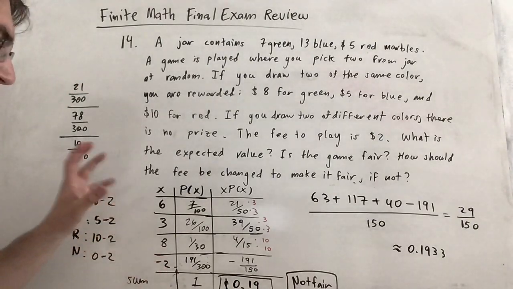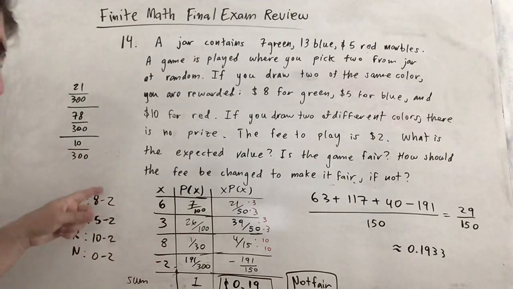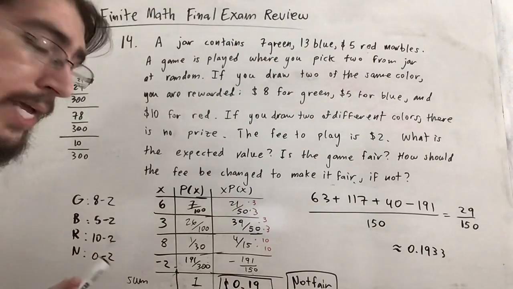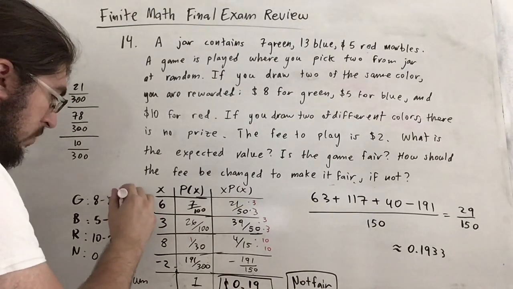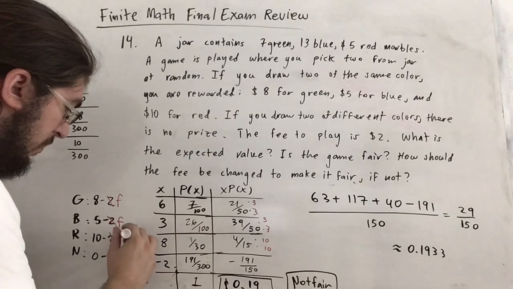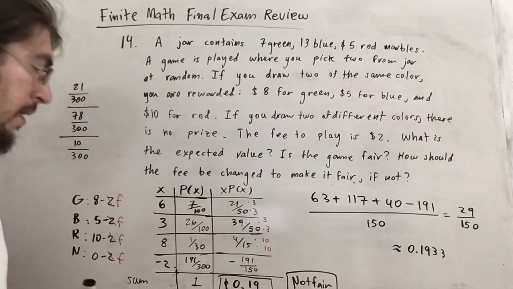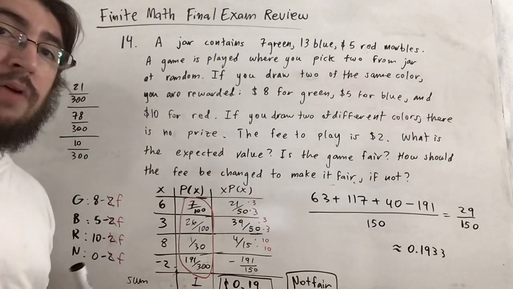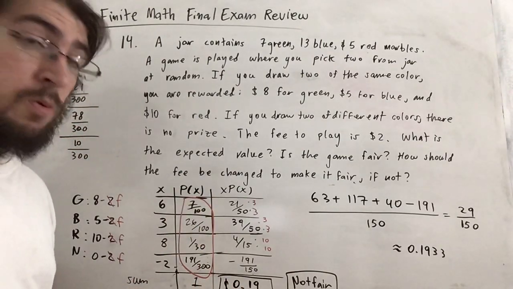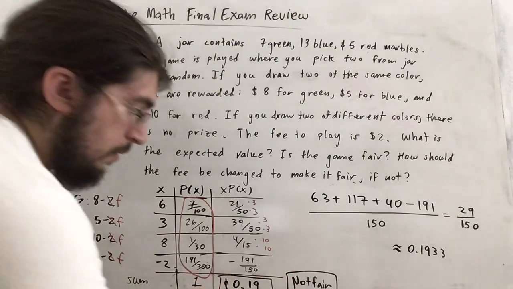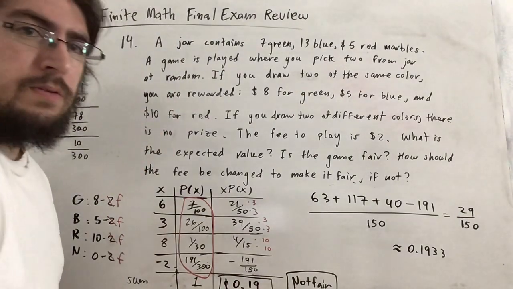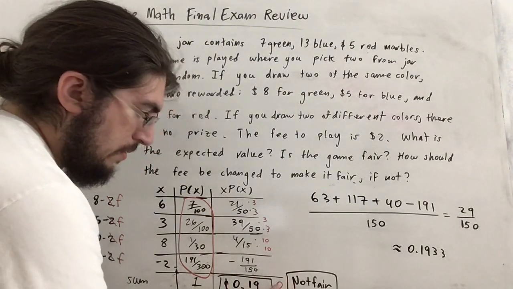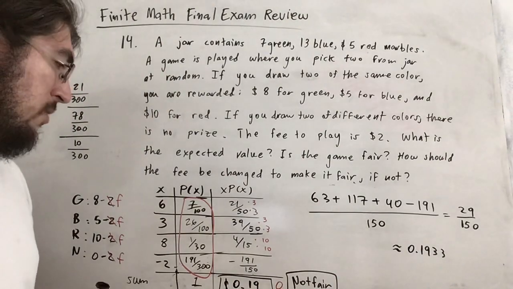And I can leave it to you to kind of figure the details of that. But basically what you can do is you can change this 2 here to F for fee. We've done this in an actual review problem for exam 4 review. Multiply it to the same probabilities. You'll get an equation for F. You want it to be fair, so you want the expected value to be 0 here. And you can actually make that work.